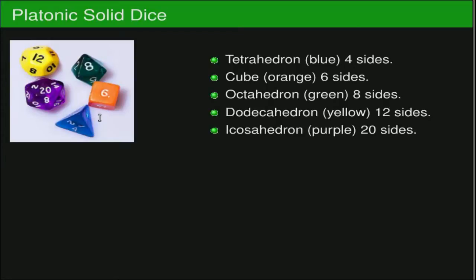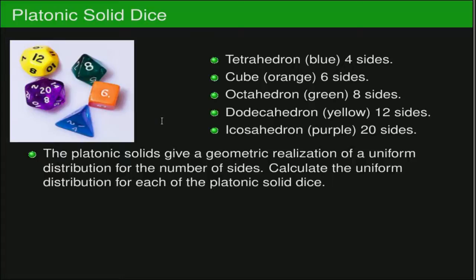The octahedron, the green one, has 8 sides. The dodecahedron, the yellow one, is going to have 12 sides, and the icosahedron, the purple one, will have 20 sides to it. So the Platonic solids actually give us a geometric realization of a uniform probability distribution.